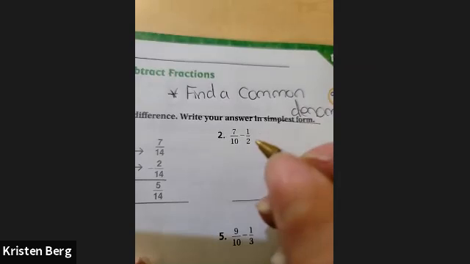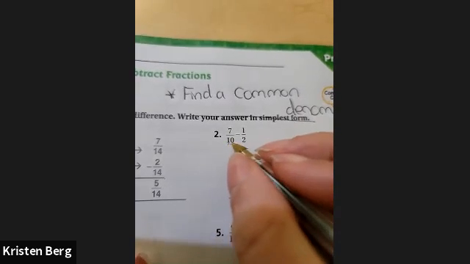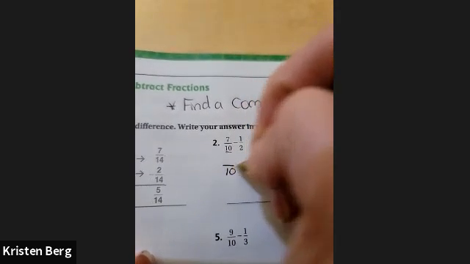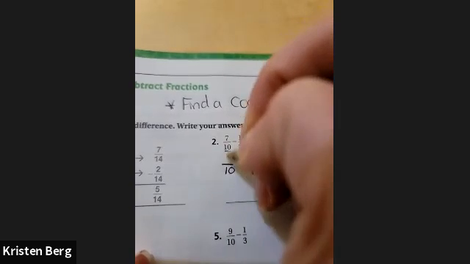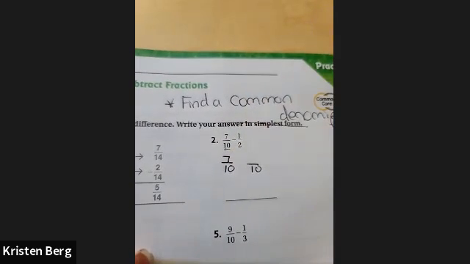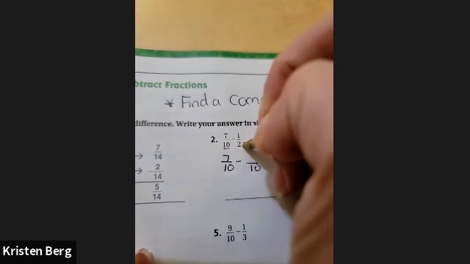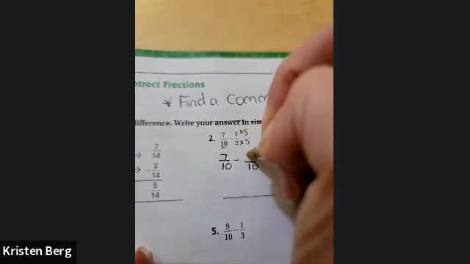So here we go. Look at your biggest one, which is a 10. Can I get a 2 to a 10? I sure can. So therefore, I am going to change these to tenths. Since this one is already in tenths, that remains the same. Here, what would I do to a 2 to get it to 10? I times it by 5, and I times this one by 5.